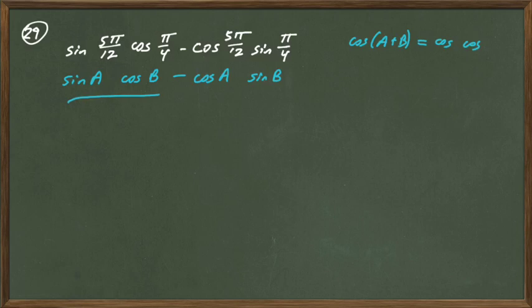Does this go cosine, cosine? No. So I know it's going to be a sine. I know that sine of A minus B, because with the sines you use the same sign, so this is going to equal the sine of A minus B, because that's what this identity is.